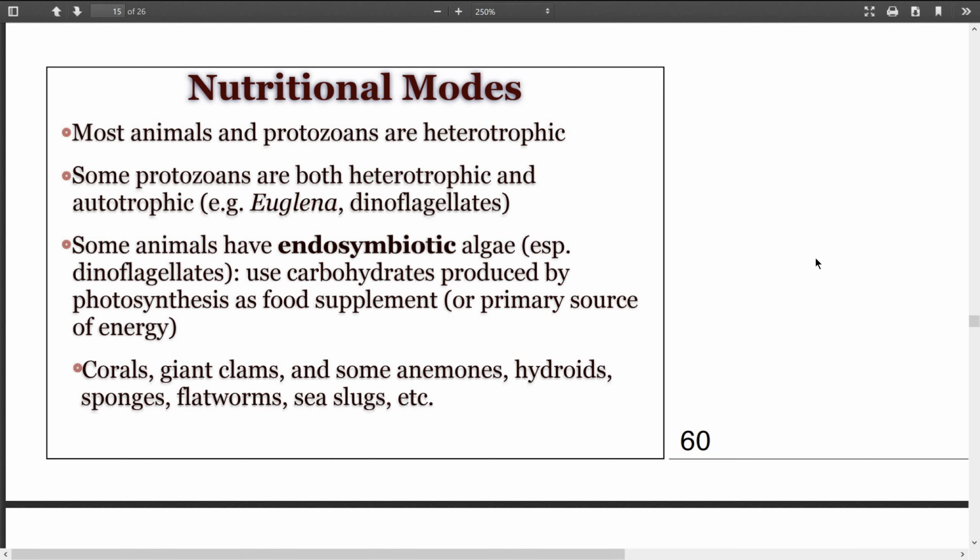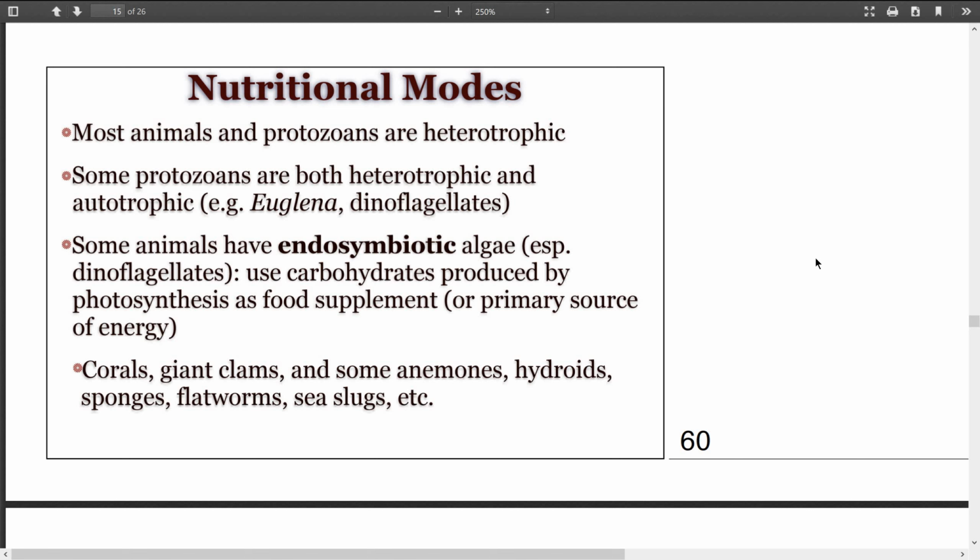The chloroplasts were obtained from algae, and so they carry out photosynthesis and provide carbohydrates. But Euglena are also able to consume other organic material as well. They feed on bacteria and small algae and so on.